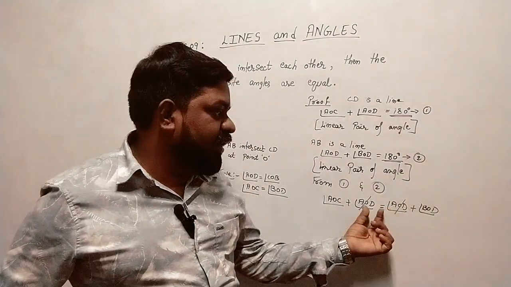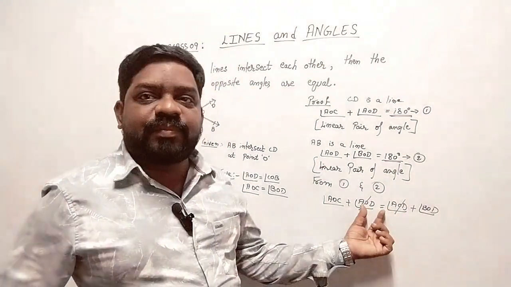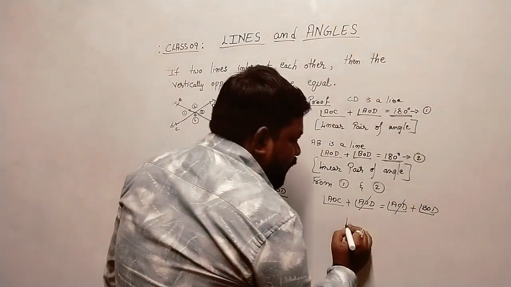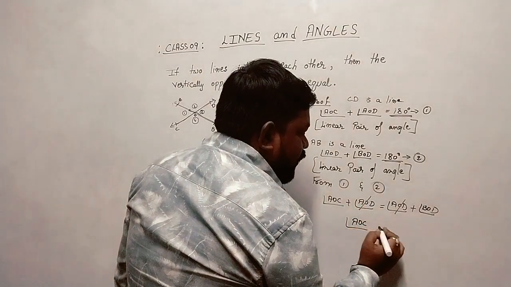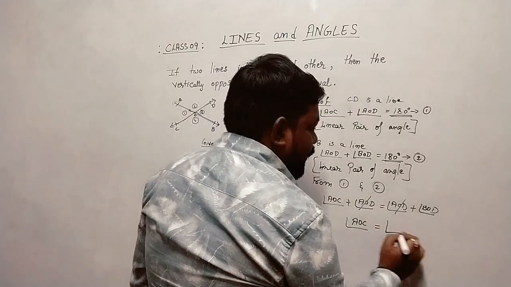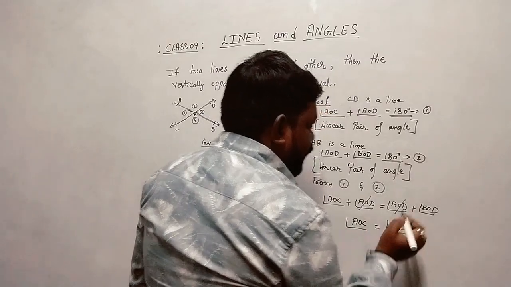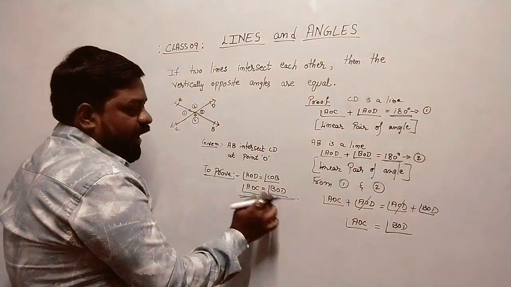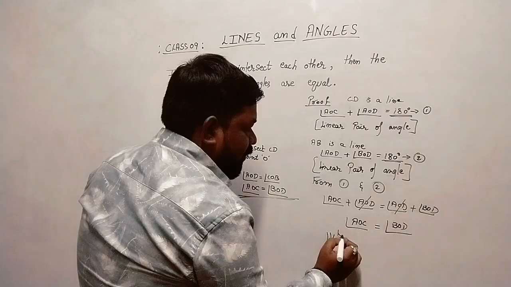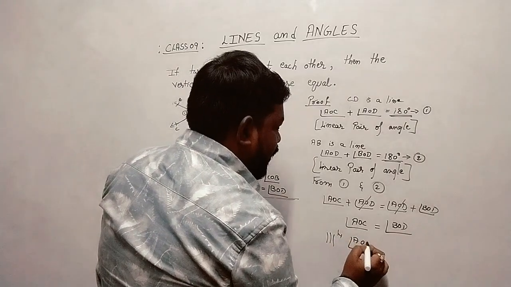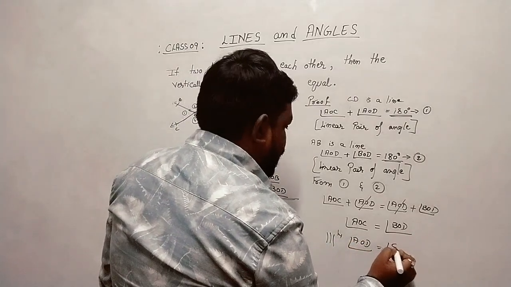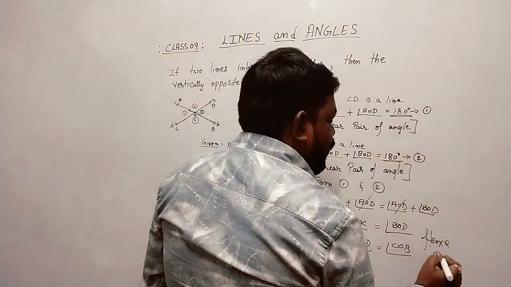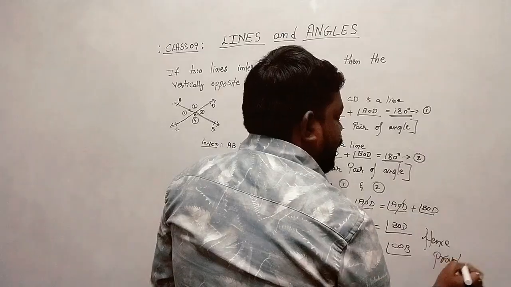If you shift this AOD to the LHS, it will become minus and it will get subtracted. Now what is remaining? Angle AOC equals angle BOD. See, we have proved this. Angle AOC is equal to angle BOD. Similarly, angle AOD will be equal to angle COB. Hence, we have proved the theorem.